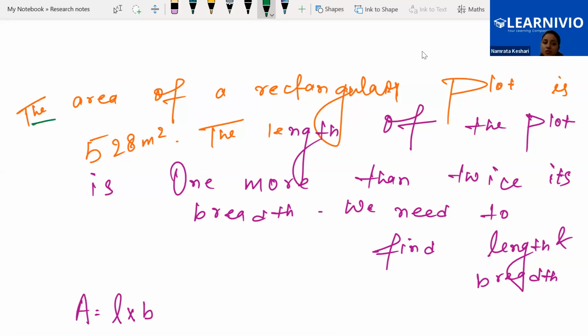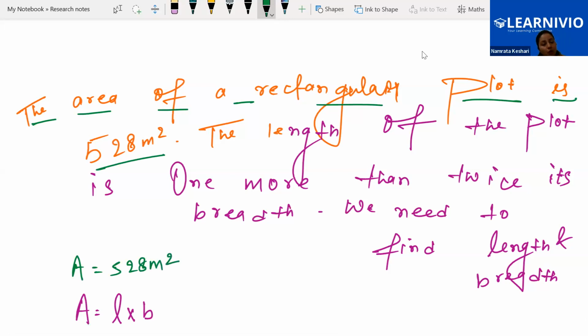The area of a rectangular plot is 528 meters square. So the first question that must come to everyone's mind is, what is the formula for the area of a rectangle? Because area is given here as 528 meters square, and the formula is length into breadth.